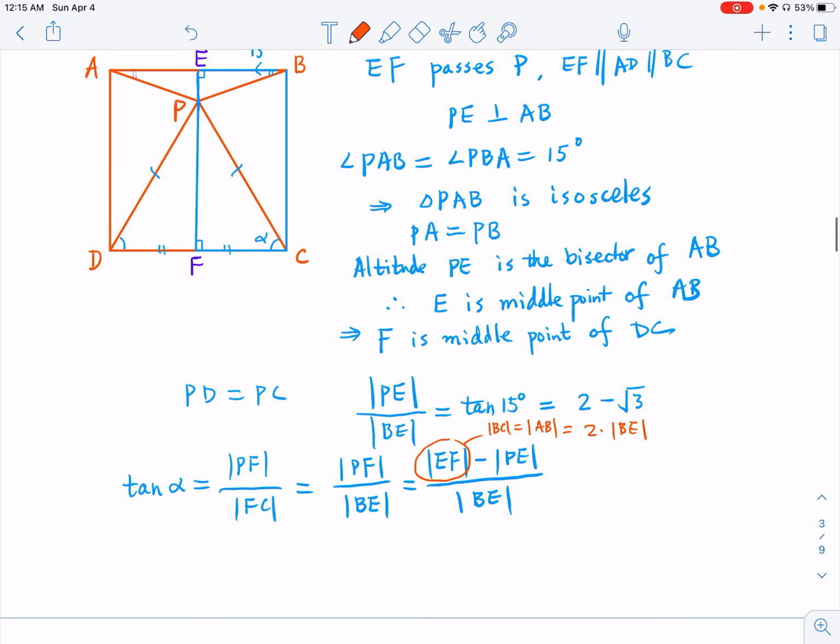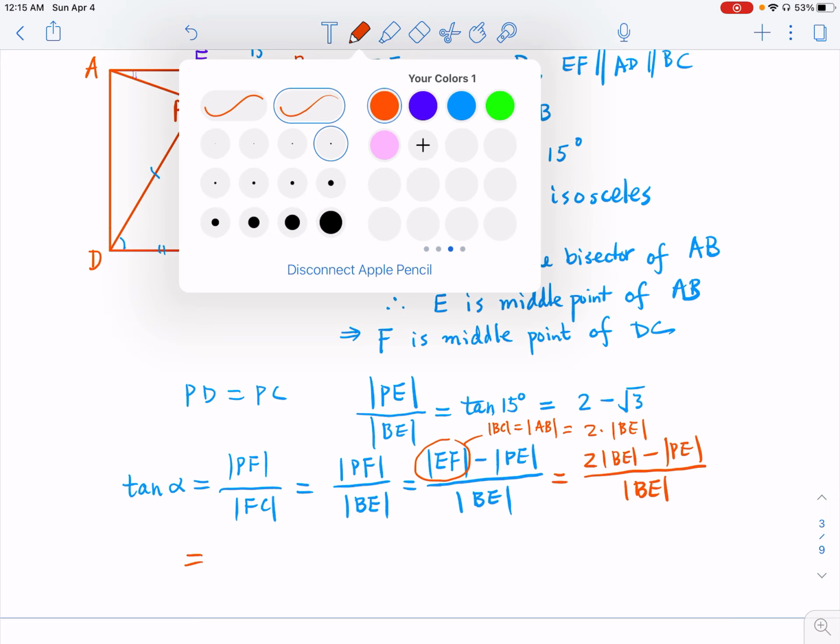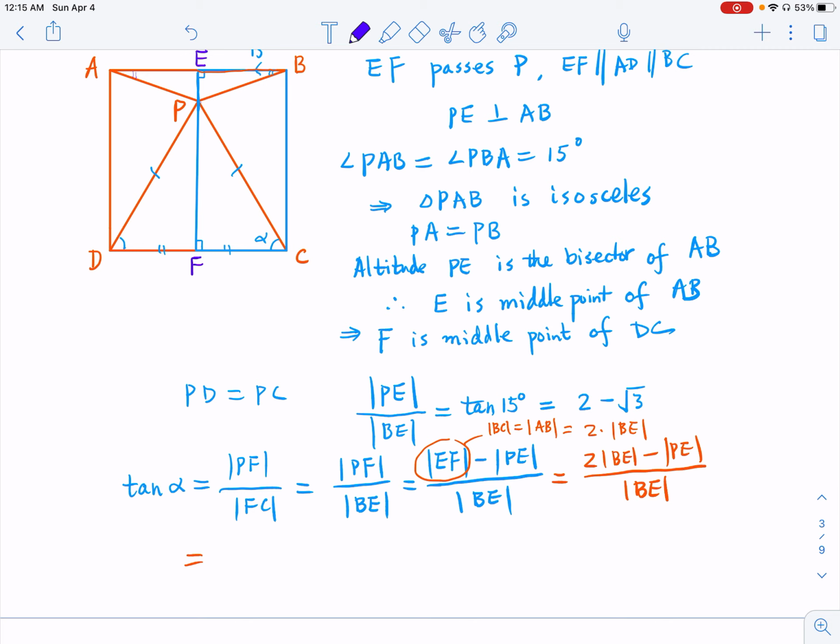So if you plug in here, we replace this with 2BE minus PE, divided by BE. This is a fraction with two parts. The first part cancels, and it becomes 2 minus the second part, which is PE divided by BE.